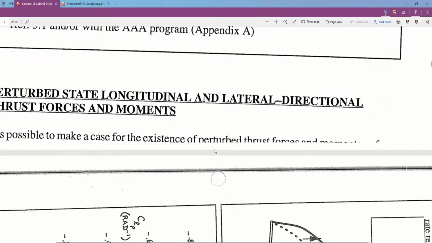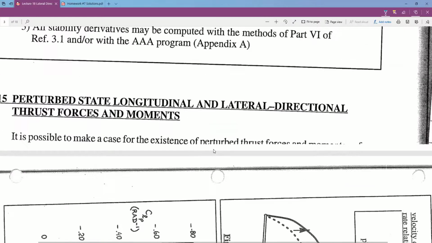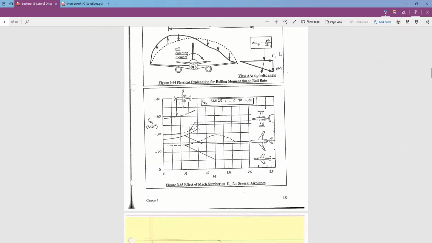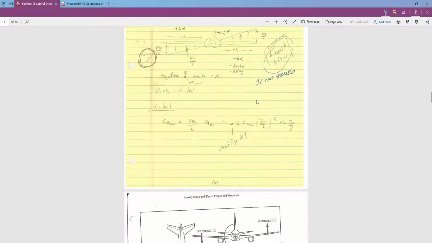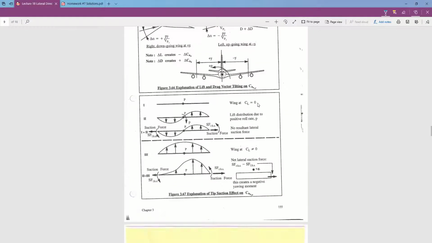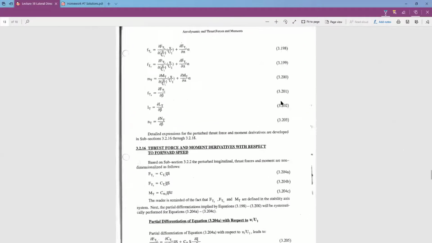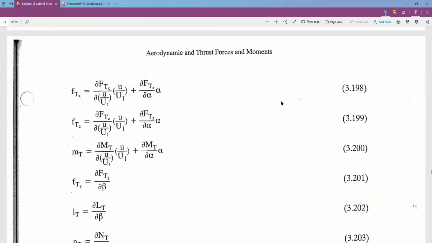So in the homework, you also need the force and moments due to the thrust. And he has a nice model in the book for that. In this set of equations, he says, okay, the thrust x perturbation depends only on forward velocity, non-dimensionalized, and angle of attack.